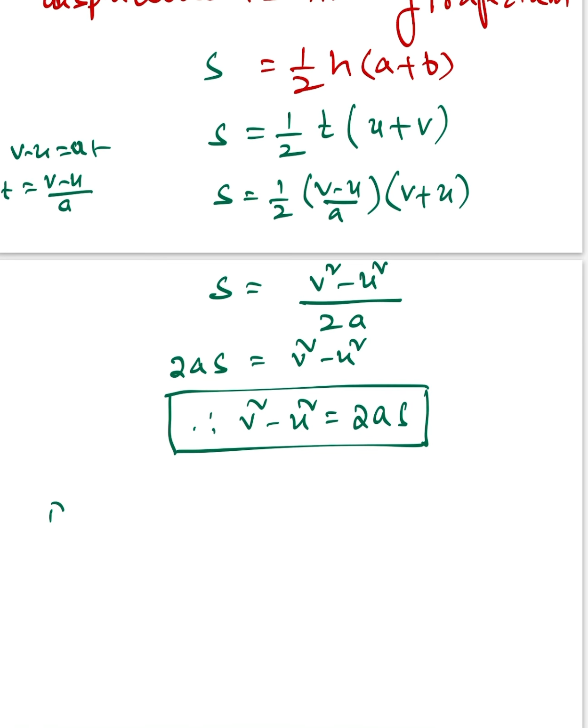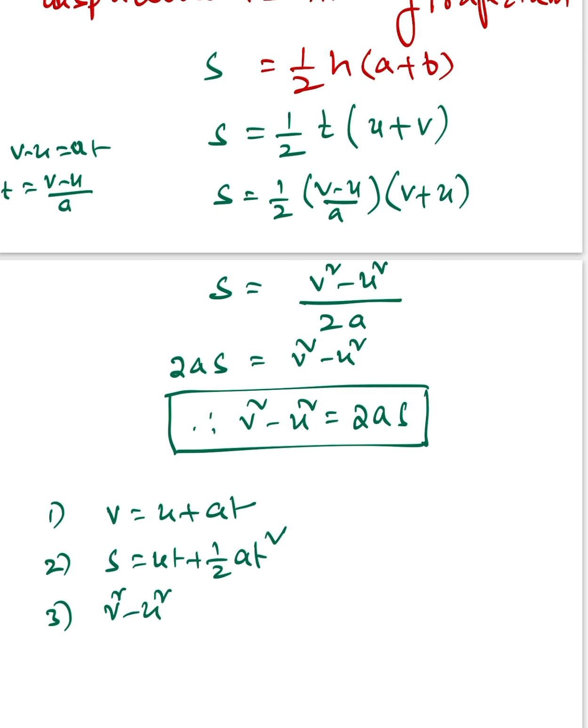So now we have the three equations of motion. v equal to u plus at is one equation. Second one, s equal to ut plus half at square. Third equation, v square minus u square equal to 2as.